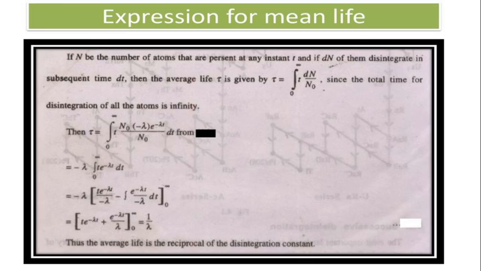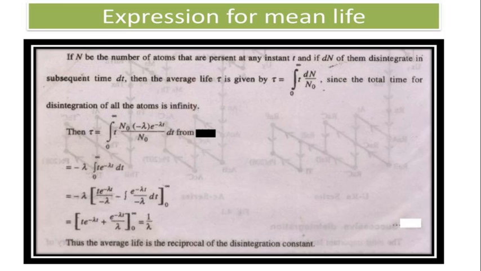Here the integration is dN with respect to N, that is the differential term is dN. So the integration limits must be from the initial value N0 to the final value N. So you have to write integral N0 to N of t dN divided by N0.